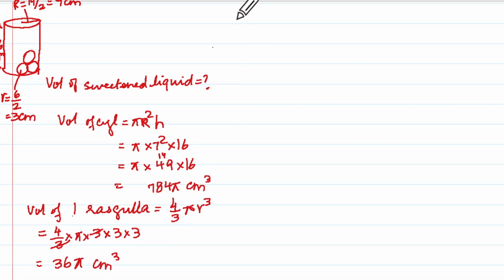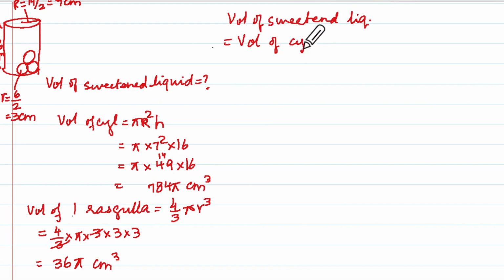Alright. Now they are saying find the volume of sweetened liquid. So we'll multiply the rasgulla into 20. No, there are 20. Wait now. Sweetened liquid will be equal to volume of cylinder minus volume of not 1 but 20 rasgullas.